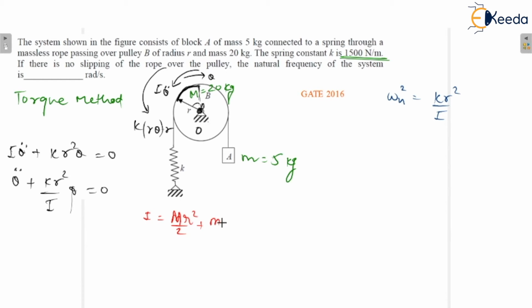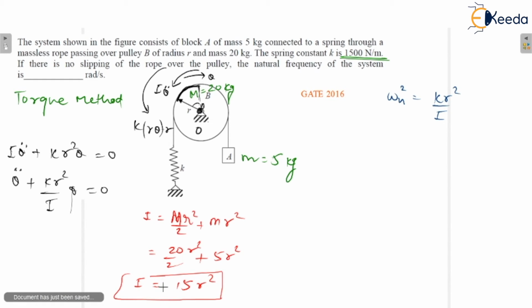If this is capital M and this is small m, then I is M r square by 2 plus m r square. The mass is 20 kilograms, so 20 r square by 2, plus 5 r square, so you will get 15 r square. That is the moment of inertia.